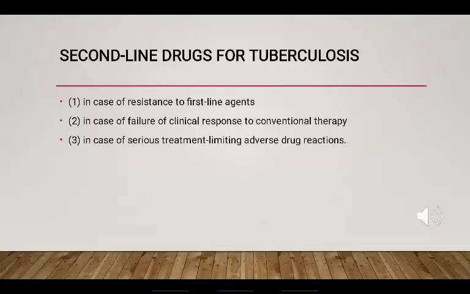As you remember, I mentioned for each of the previous medications serious side effects such as hepatitis, optic neuritis, ototoxicity, nephrotoxicity. So if the patient is already on one of the first line medications and developed one of these serious adverse effects, or is not responding to the first line medication, then you put him on the second line drugs for the treatment of tuberculosis.